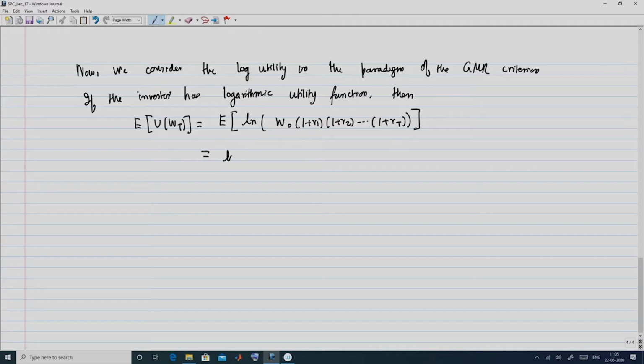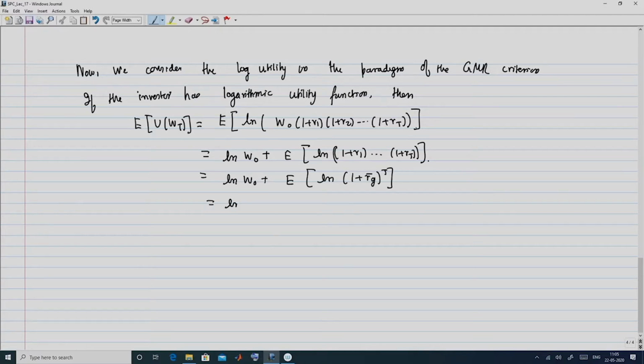And this can be written as natural log of W naught plus expected value of natural log of 1 plus R 1 all the way to 1 plus R t, and this is natural log of W naught plus expected value of natural log of 1 plus R g bar raised to t. This finally reduces to natural log of W naught plus T into expected value of natural log of 1 plus R g bar, with this capital T outside.